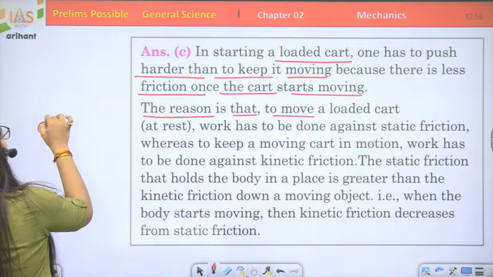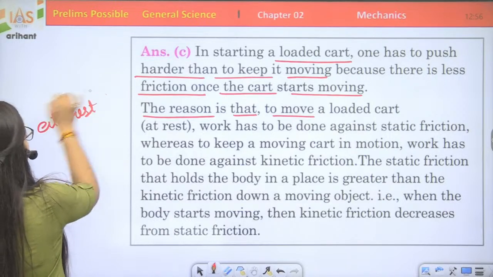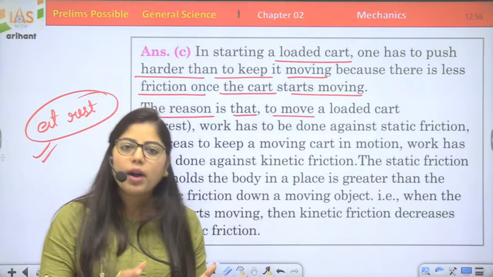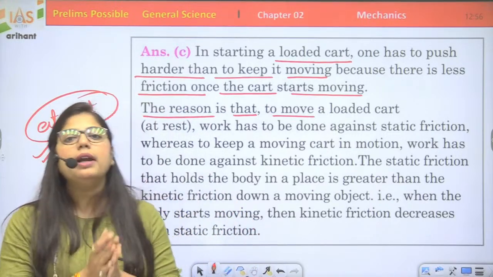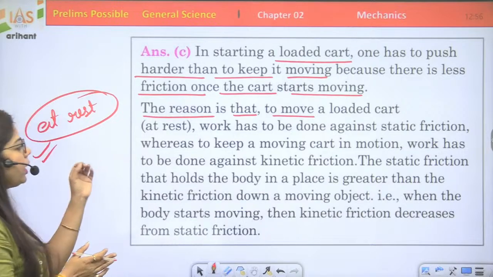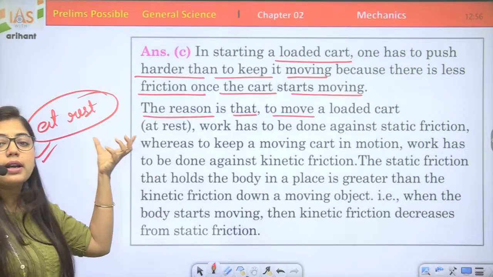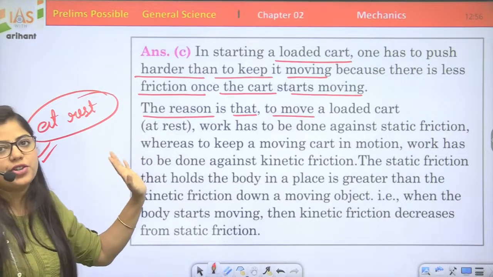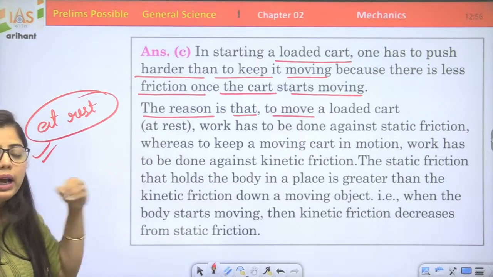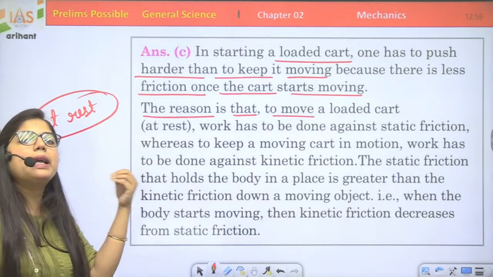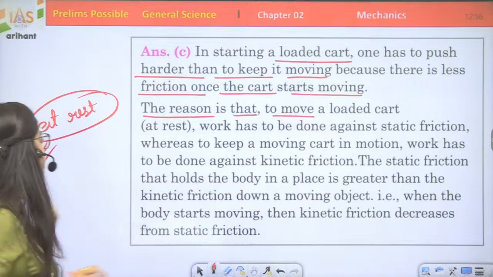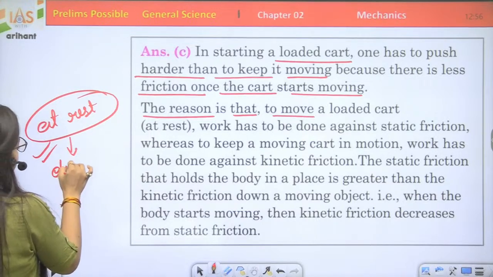And when a body or any object is at rest or in motion, it resists the static friction, or applying any external force to it. Why? Because it is due to inertia. It is due to inertia.